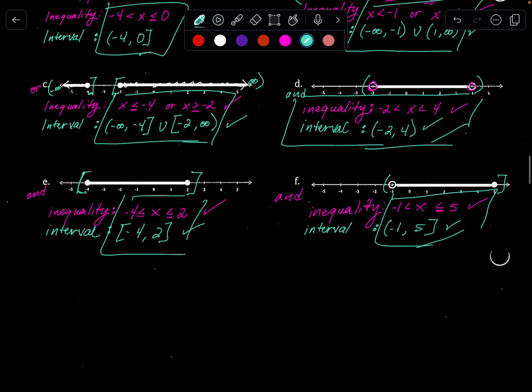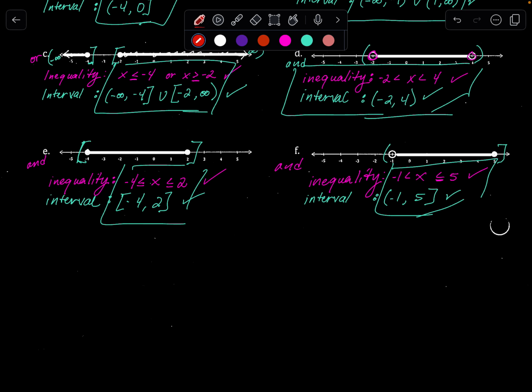Here's what I want you guys to take away from this. One last quick note that I'm going to throw here in red at the very end. The two lines cannot go in the same direction. Okay, what does that mean?